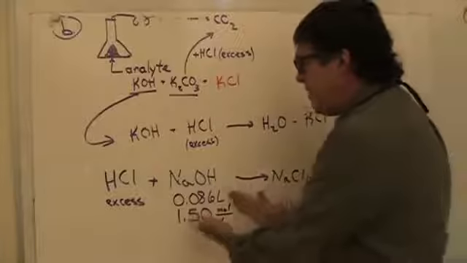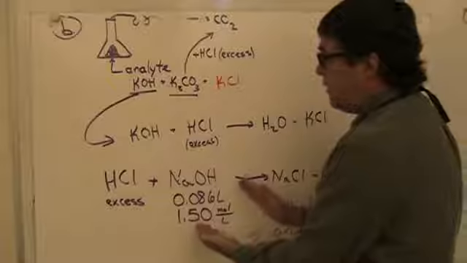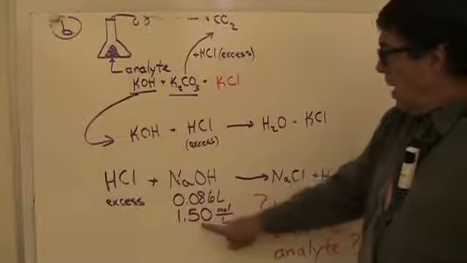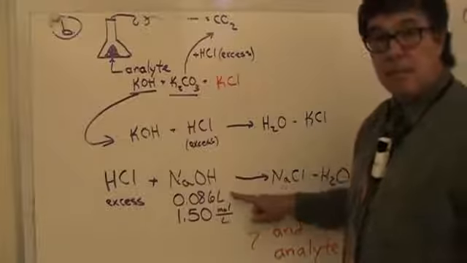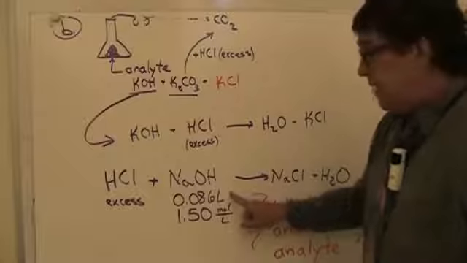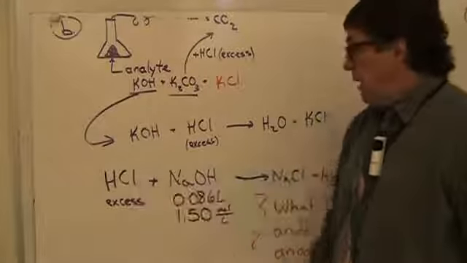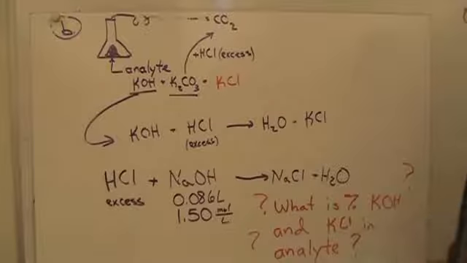So now we're testing this just to see how much excess hydrochloric acid there is. So we titrate this with 1.5 molar sodium hydroxide, and it took 86 milliliters, or 0.086 liters. That's how much excess hydrochloric acid there was after the other 2 reactions occurred.